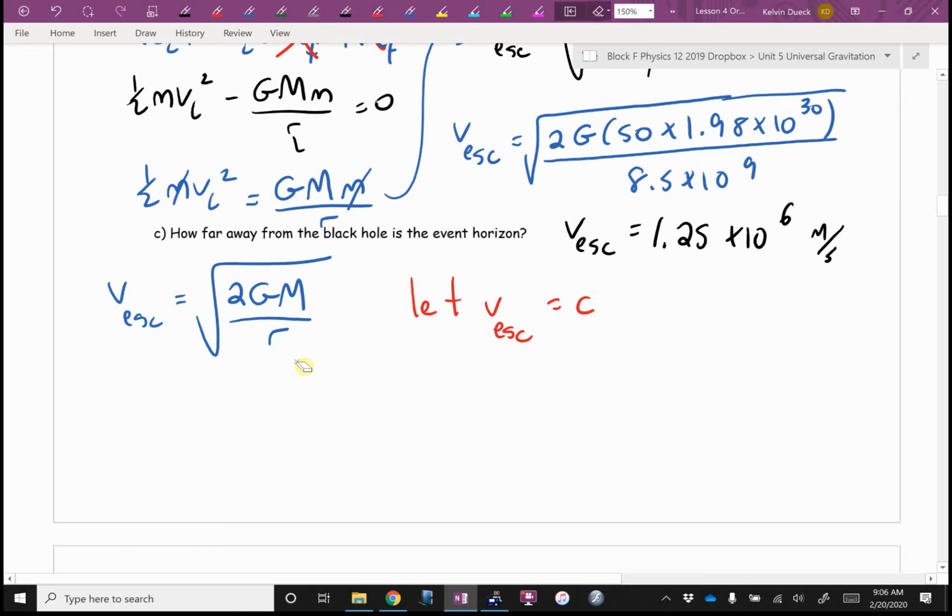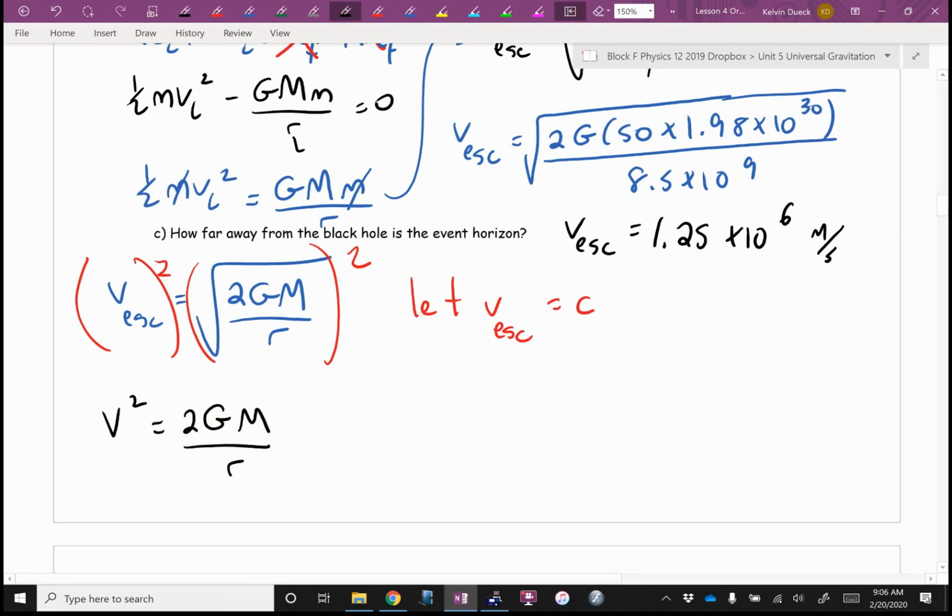So I want to get the r by itself. What's the r inside of? Square both sides. We'll get v squared equals 2 big G big M over r. Where is the r right now?